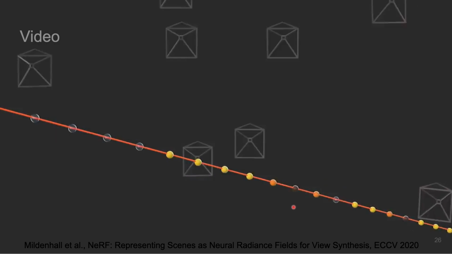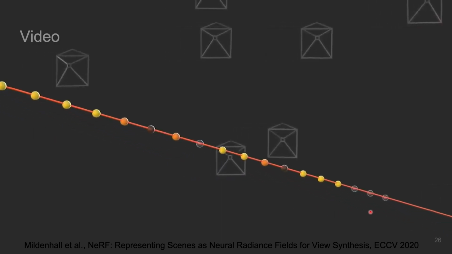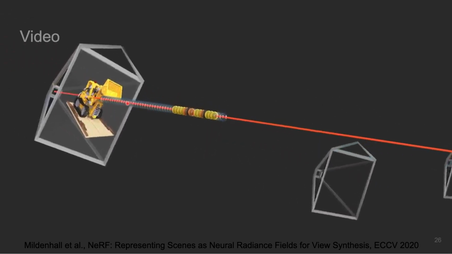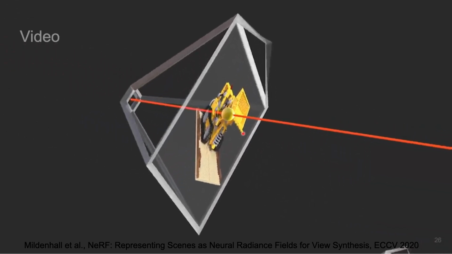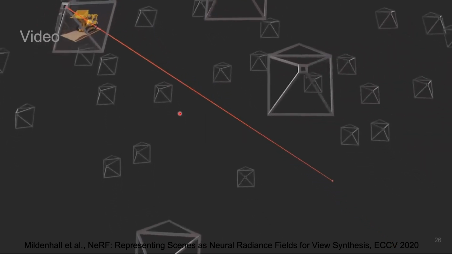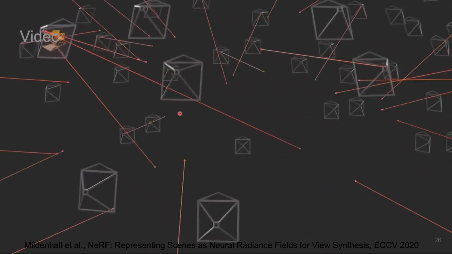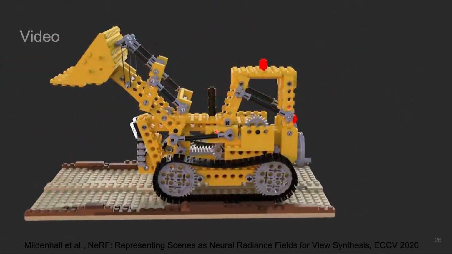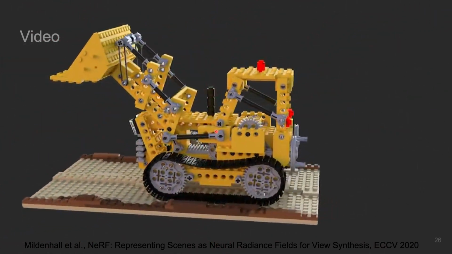And after we estimate the color of these 3D points, we can accumulate them by using the rendering equation we saw earlier to estimate the 2D pixel values here. And we are casting rays for each pixel and for each camera, so we can densely reconstruct this 3D representation with high quality, just like this.